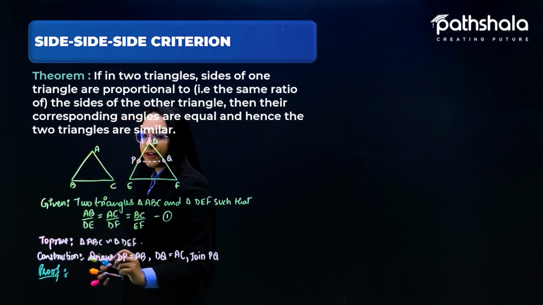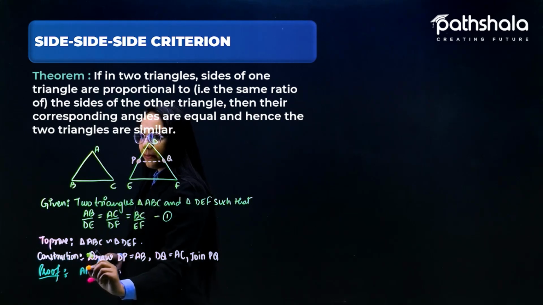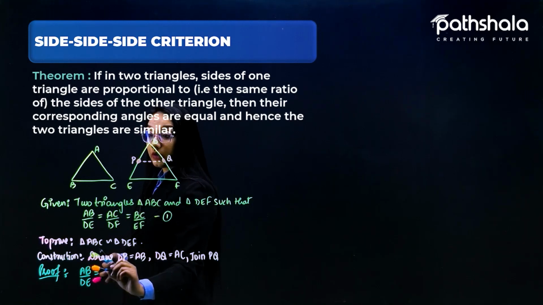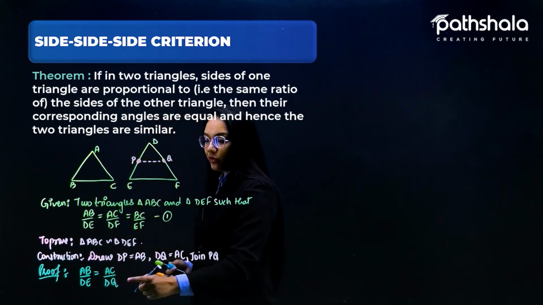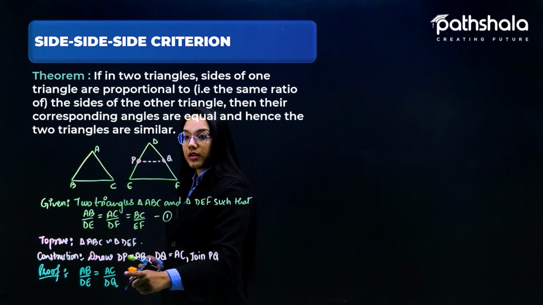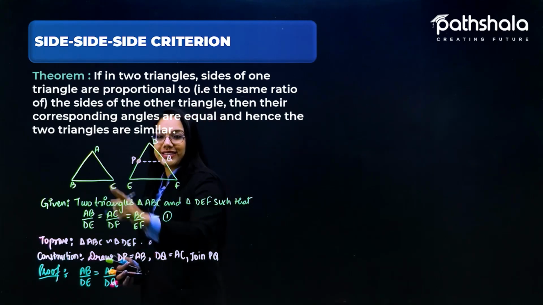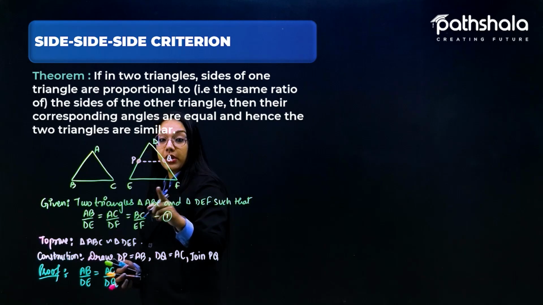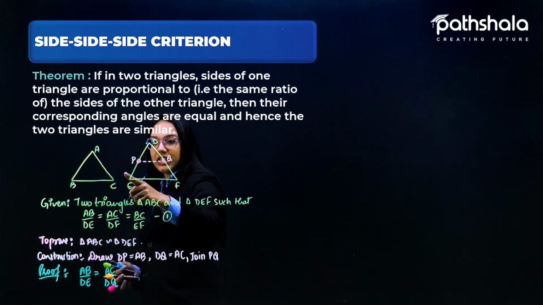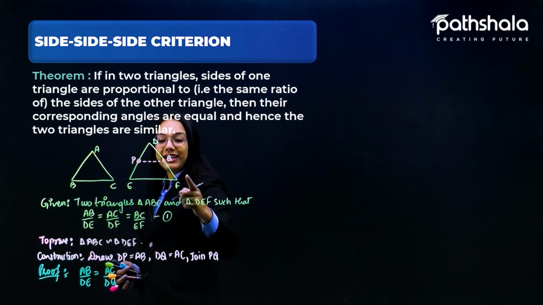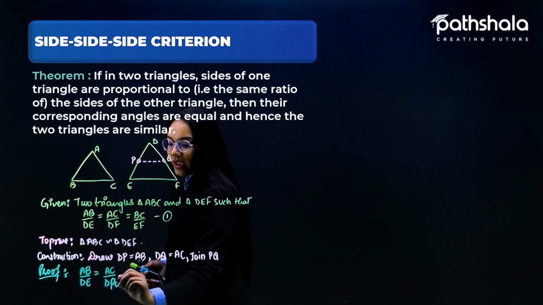As you can see, we know that AB by DE is equal to AC by DF. Sorry, this is not Q, this is my F. So this is DF.